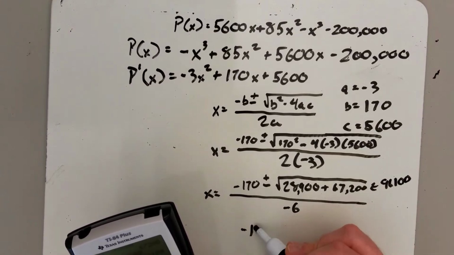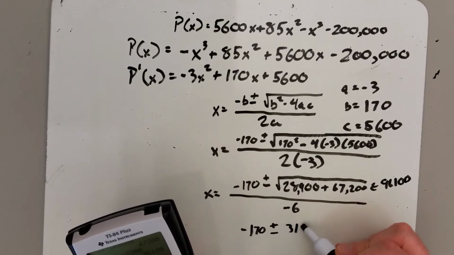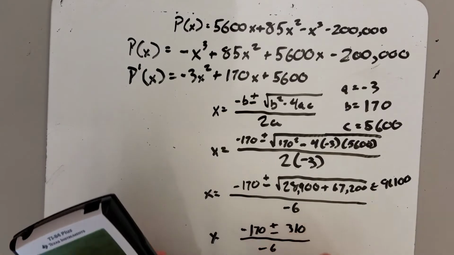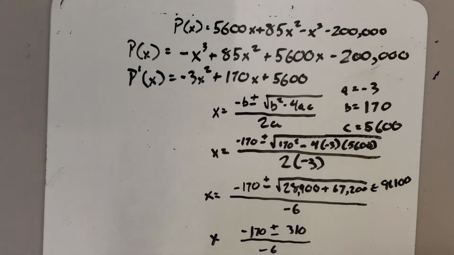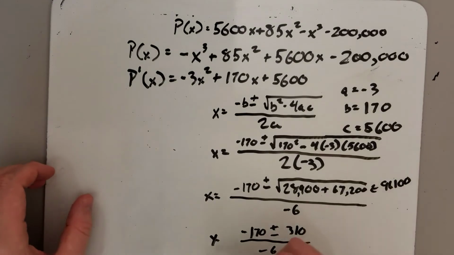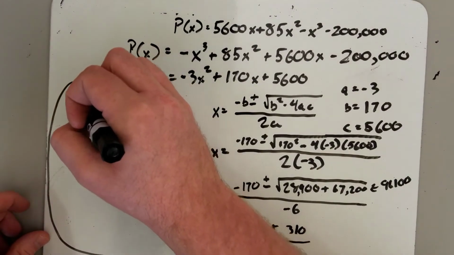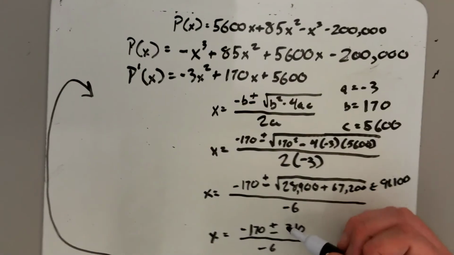So I have negative 170 plus or minus 310 divided by negative 6. Again, I'm going to have two different answers come out of here. I'm running out of room on the paper, so I'm going to continue this up over here. One's going to be positive, one's going to be negative.